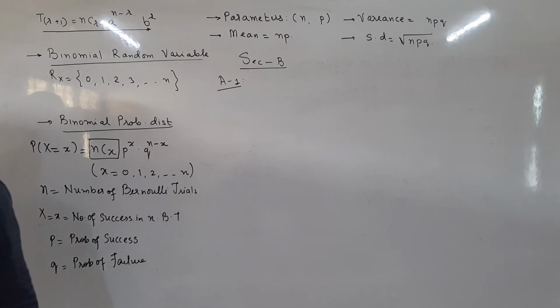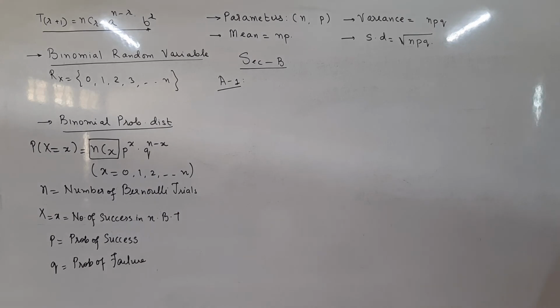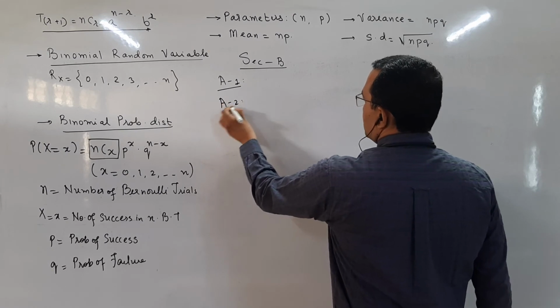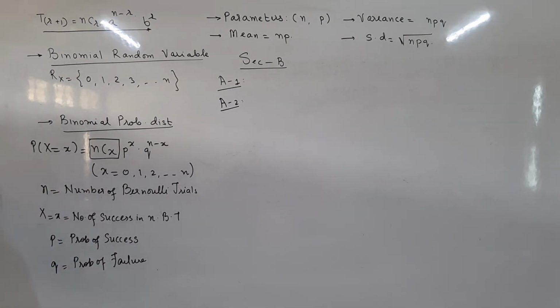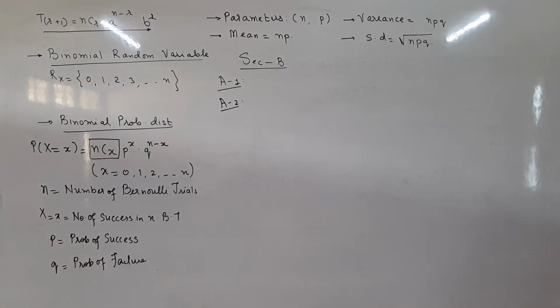For example, the number of children per family, the number of broken eggs in a box of 12, the number of printing errors per page of a textbook, etc. Then the second question: define continuous random variable. A random variable which can assume any value in the set R or any value in an interval subset of R is called a continuous random variable. For example, the data of height and weight, the data of income and expenditure, etc.